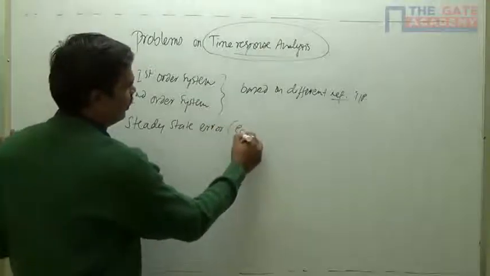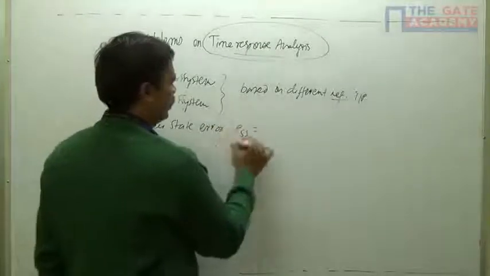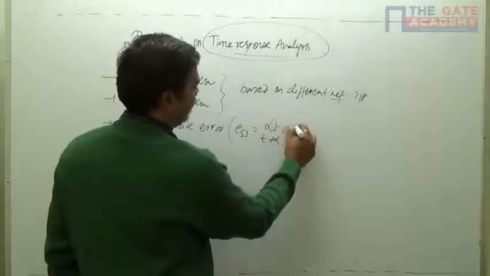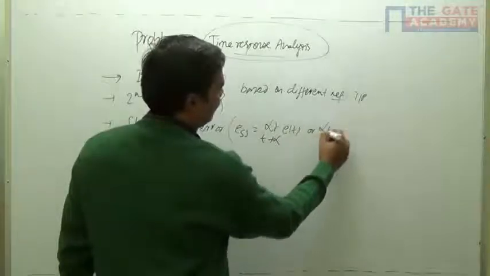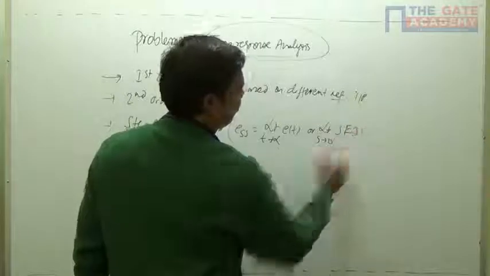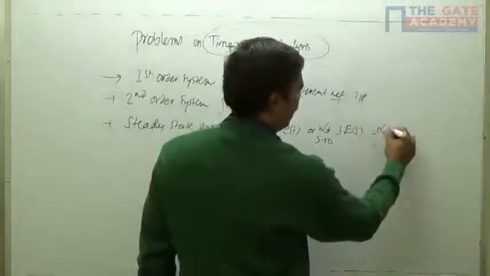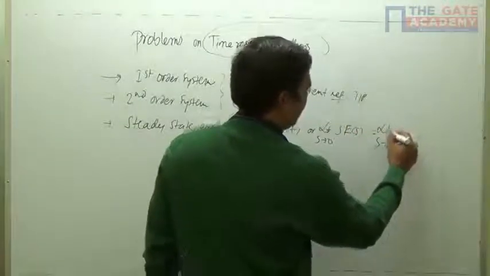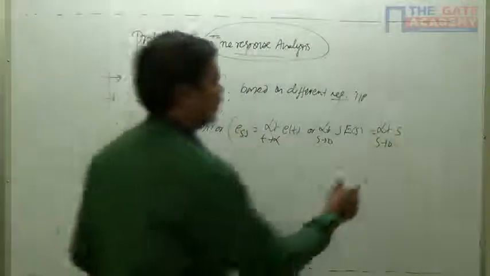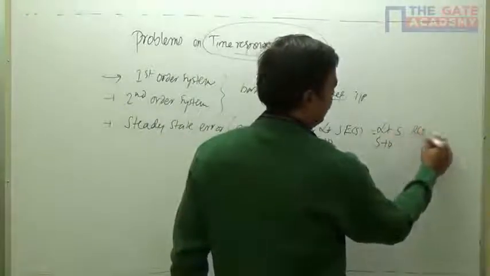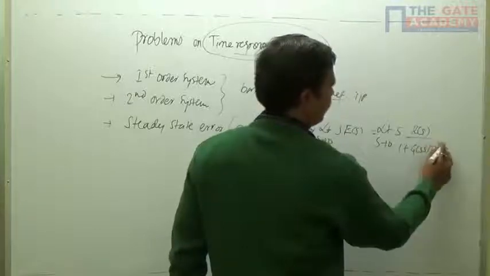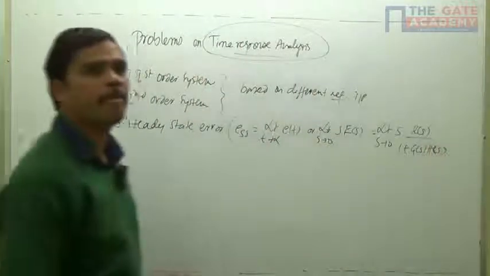ESS equals limit t tends to infinity e(t), or limit s tends to 0 of s into E(s), which equals limit s tends to 0 of s into R(s) by 1 plus G(s) H(s).